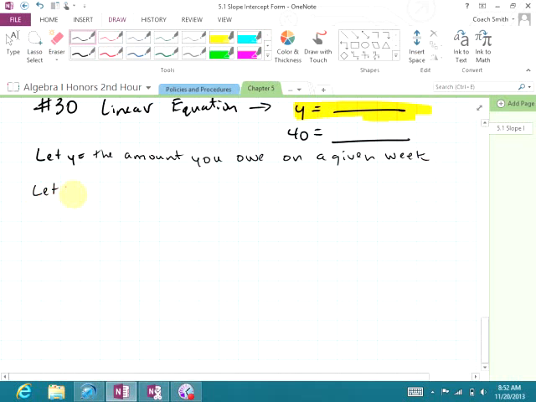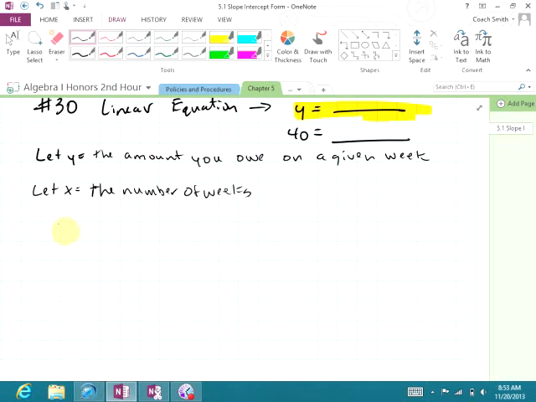We're going to let x equal the number of weeks that it's going to take to pay back the loan. In week 1, if we borrow $40, how much money are we going to owe after week 1? $35. What did you do? 40 minus 5, right? Okay.